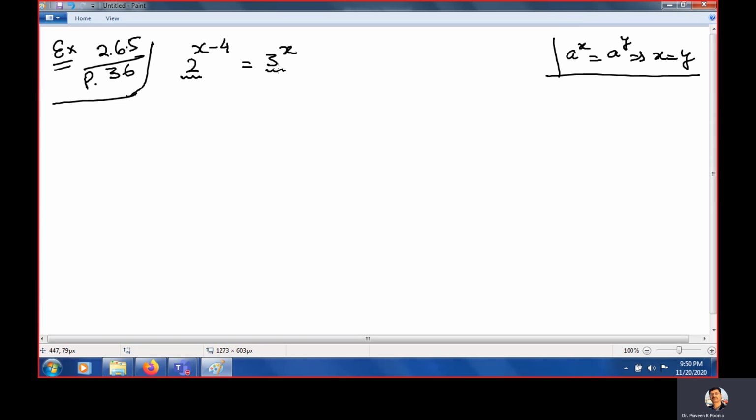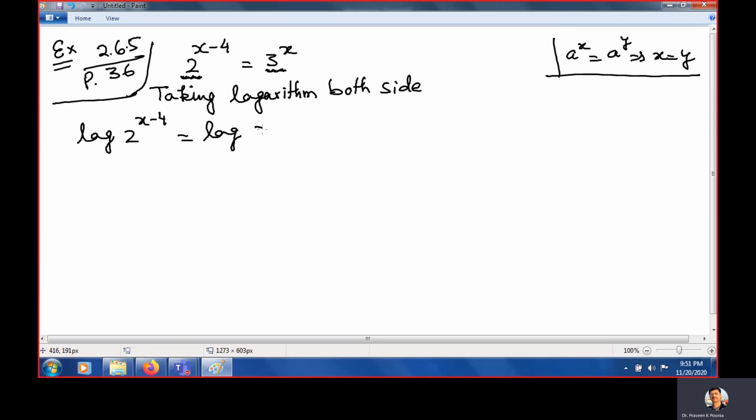So if such a condition arises when we cannot change these bases into the same number, then what do we do? We take logarithm on both sides. Taking logarithm on both sides means write log of 2 power x minus 4 is equal to log of 3 power x.